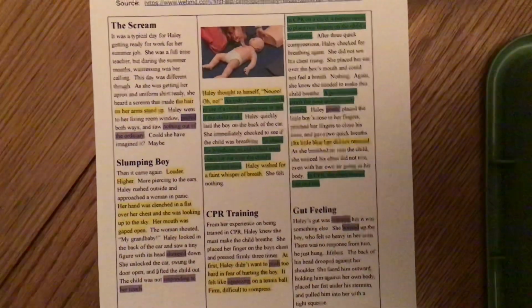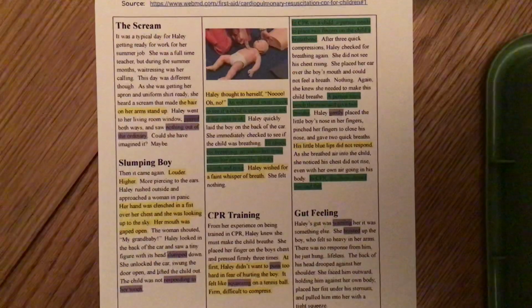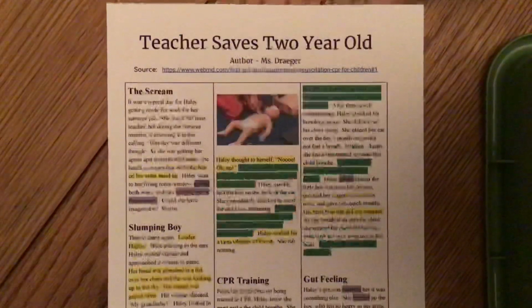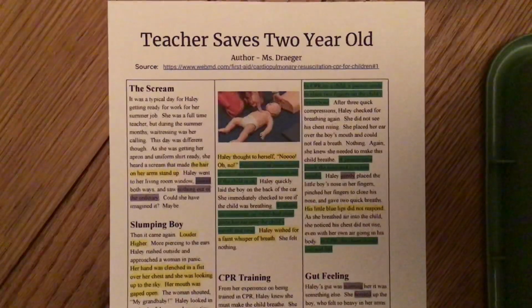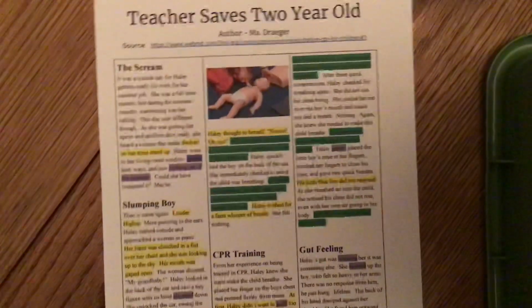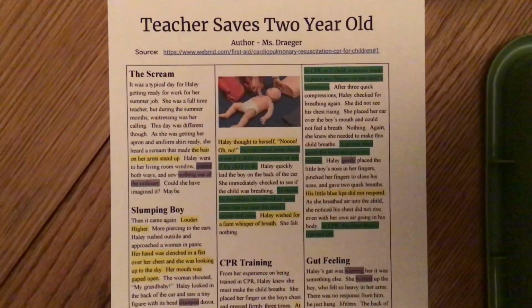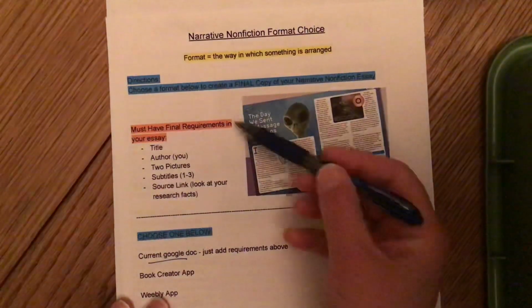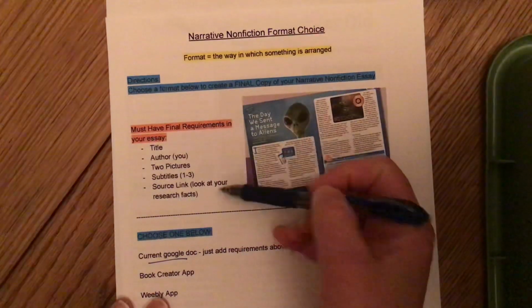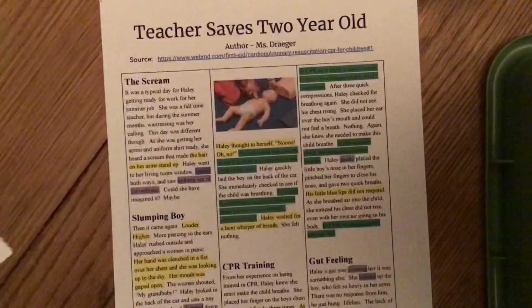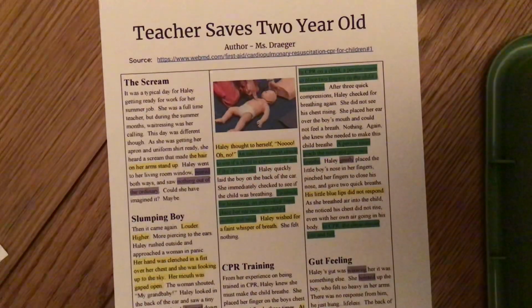So what I basically did is I copied and pasted each of my paragraphs to format kind of like this newspaper magazine article style. And I did that right on Google Docs. I added a picture. So when I look at my to-do list of my final expectations, I have all of these in my formatted narrative nonfiction essay, and this is my final piece.